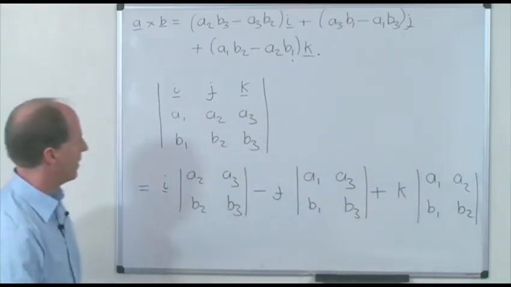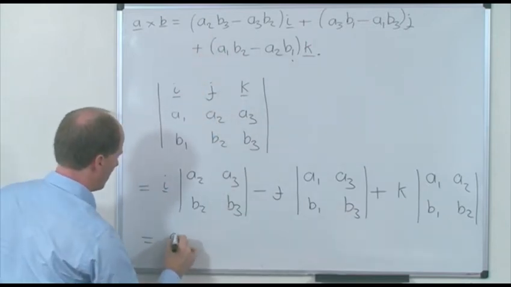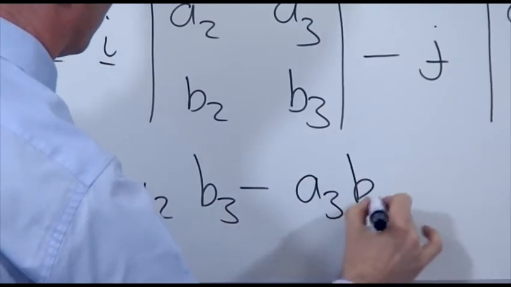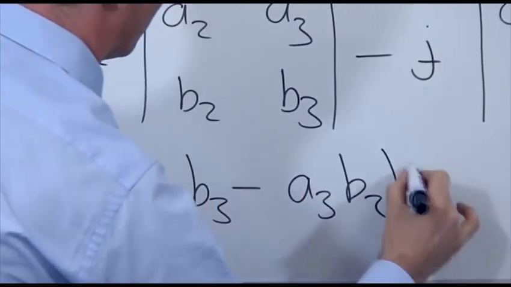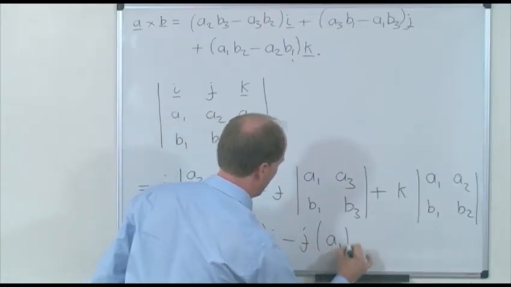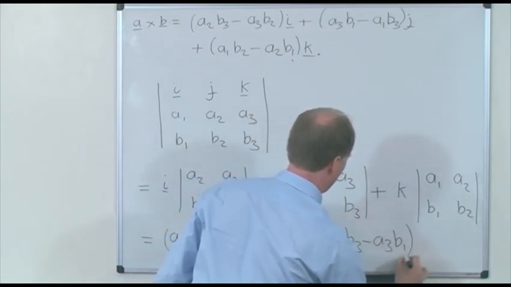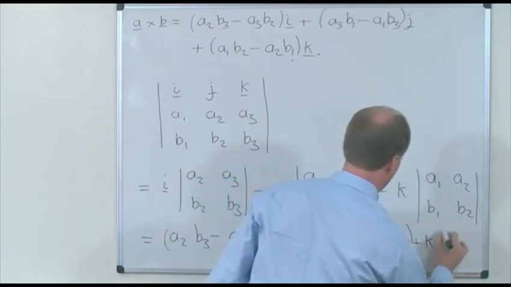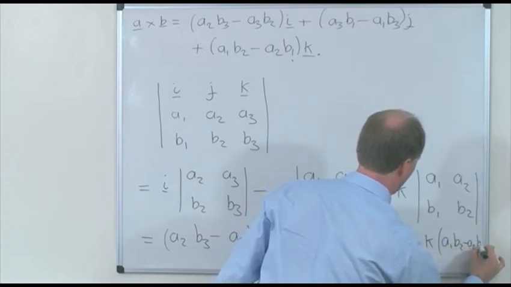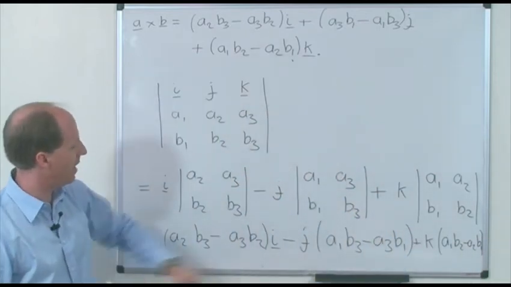So when I expand out these 2 by 2 determinants, I get the result I have up at the top, which is a2b3 minus a3b2 times i, minus j times a1b3 minus a3b1, plus k times a1b2 minus a2b1. And notice that that's exactly the same as the formula up here.